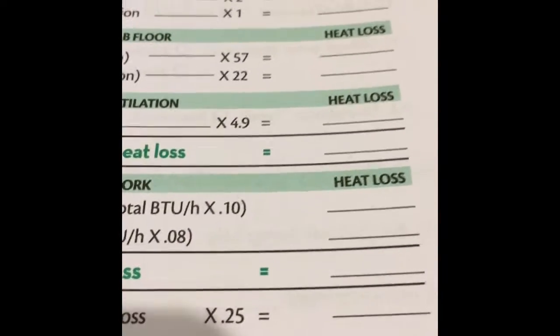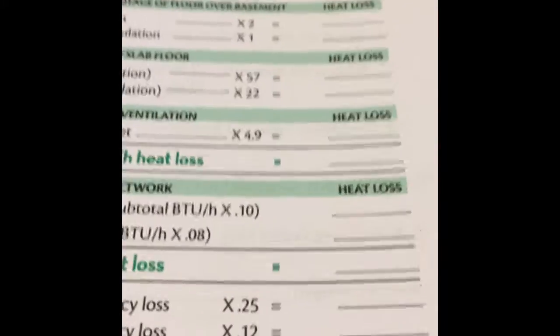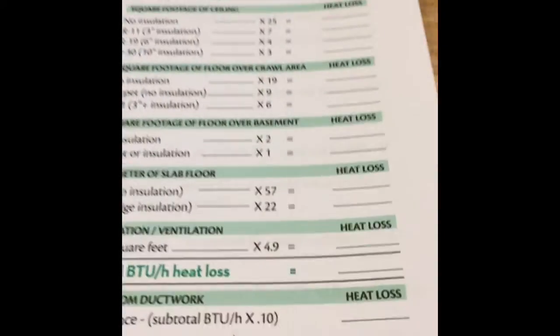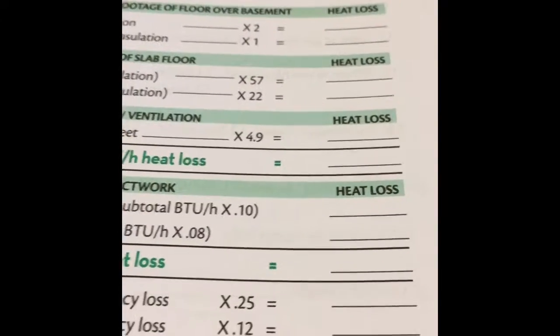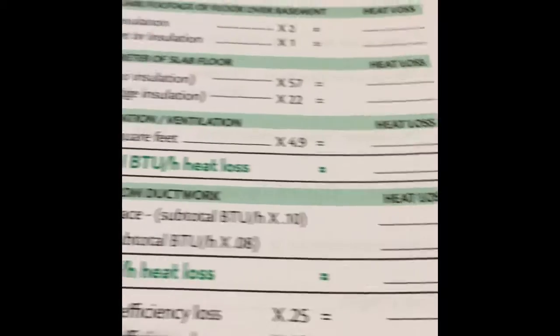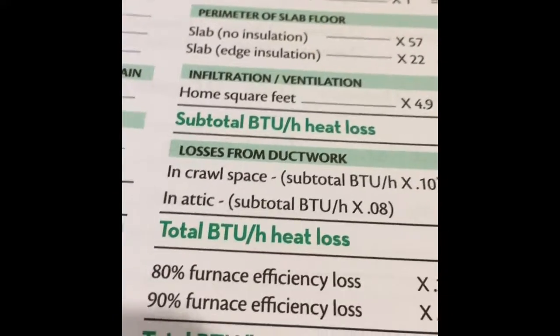So if we end up with 47,000, that is our big number. Remember when we looked out there at the furnaces, we generally have them in 60,000 BTU, 80,000 BTU, 100,000 BTU. So if their total ends up being 47,000 and some change, we're going to put a 60,000 BTU furnace in there. Especially if we're going to do a 90% furnace, you're not going to lose a whole lot.